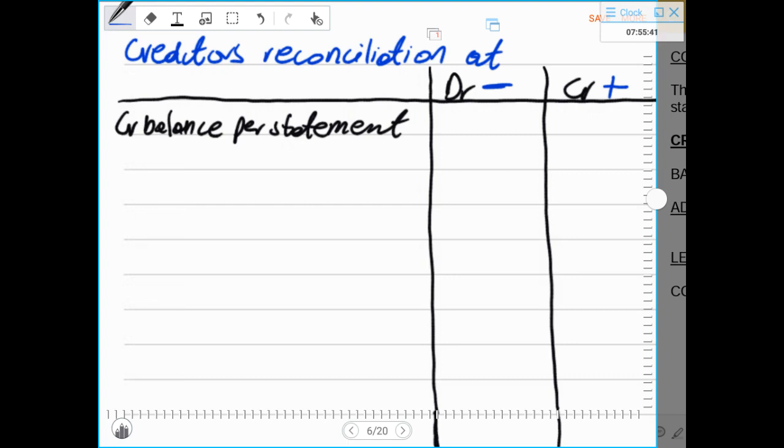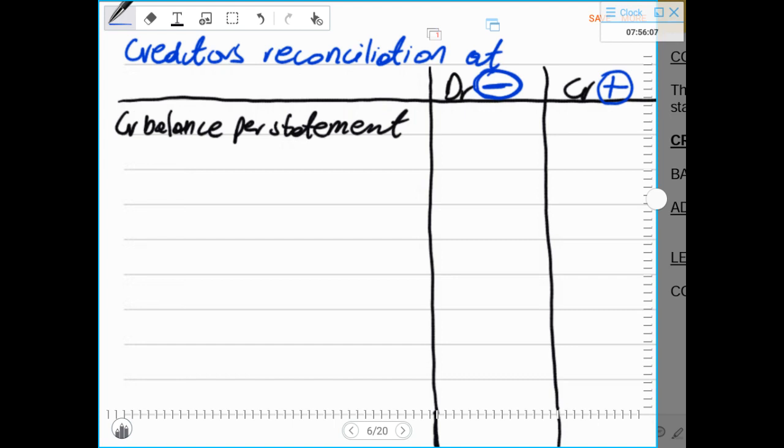Remember, when I'm saying from the perspective or from the viewpoint of the business, I mean that, remember, if we buy inventory, our creditors, they increase on the credit side. And if we pay our suppliers for what we previously bought on credit, our suppliers will decrease on the debit side. And if we return inventory, it will be recorded on the debit side of the creditors ledger.